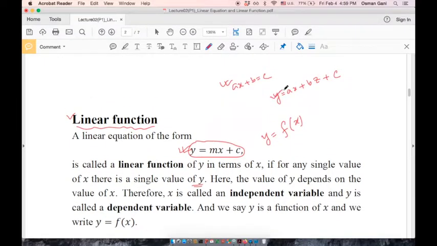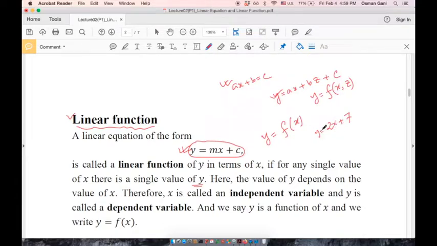And for this equation I can say y is a function of x and z, y equal to f of x and z. And here you see y depends on x. For example, let's say y equal 2x plus 7. So if x equals 0, then y will be 7.